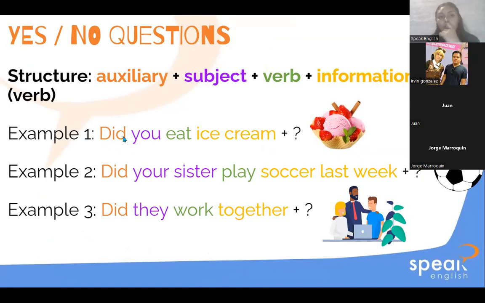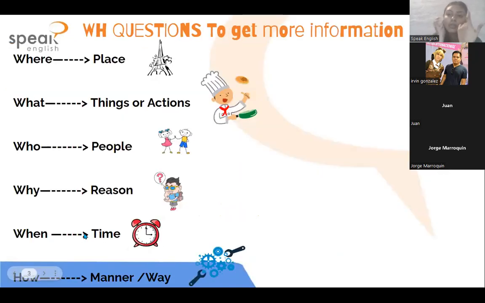Or why do you eat ice cream? Or when did you eat ice cream? But here you have eat. If you are talking about description, like using are or is, in the past were and was, in that case you don't need to add do or did, because you don't have a verb.